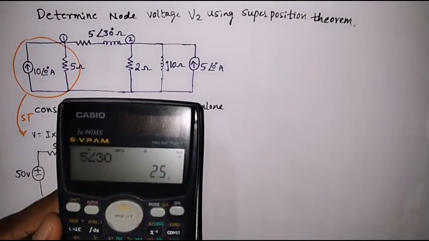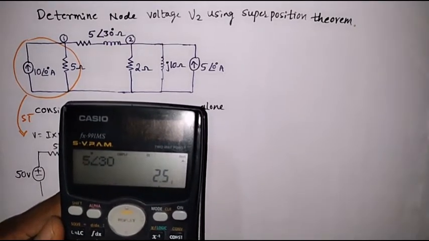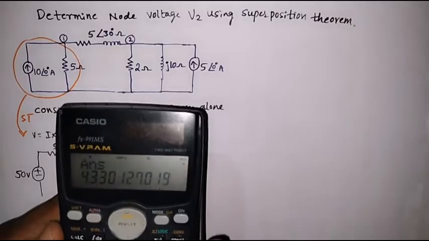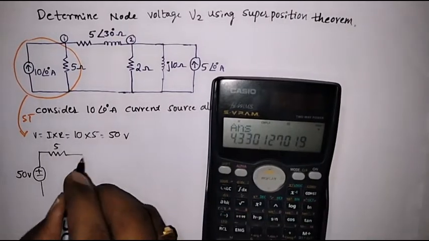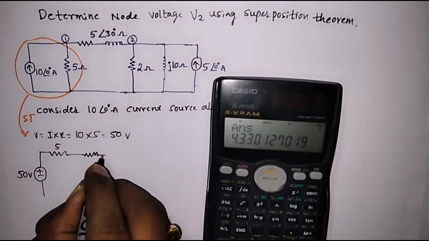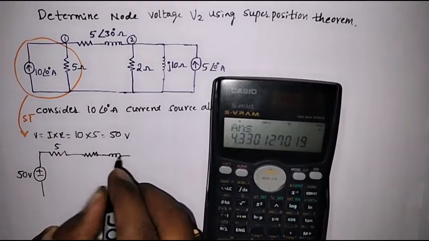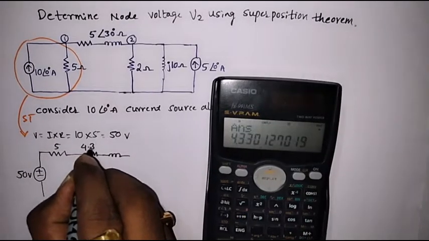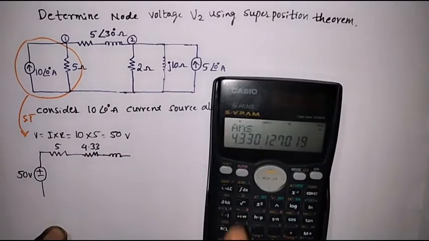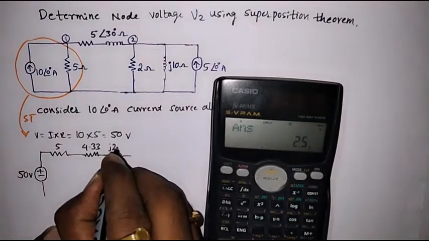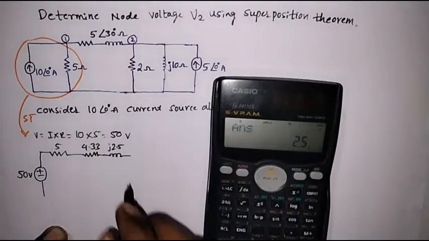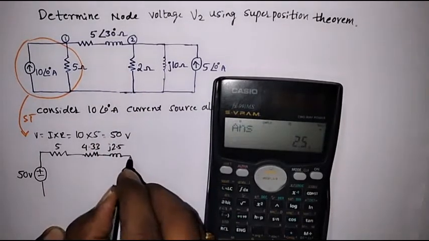Shift equal gives the imaginary part, that is j 2.5. The remaining these two are connected as it is.